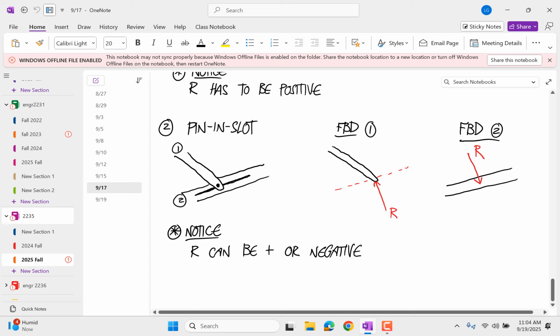Professor, if this pin and slot isn't perpendicular, wouldn't that mean that any force like this would also mean a force like that? You mean in relation to the coordinate system? In relation to the slot itself, wouldn't that mean the pin needs to be moving or accelerating?